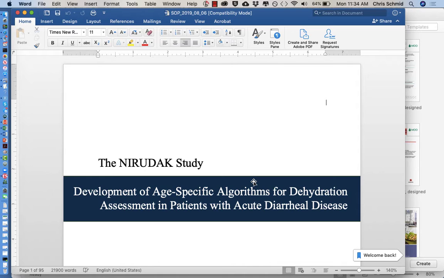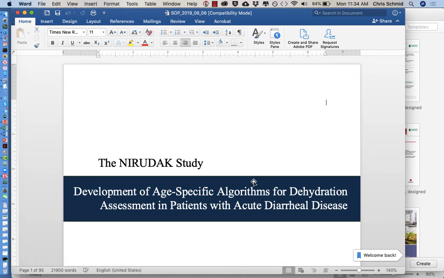So we need good data on the weights, both at admission and at follow-up. But from the point of view of treatment, we want to be able to identify those individuals and how much they're dehydrated. So our data are going to tell how much they actually were dehydrated, even though we don't know it at the time. And now the clinicians are going to need to make a triage decision.